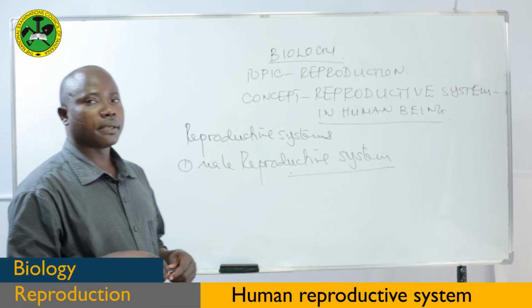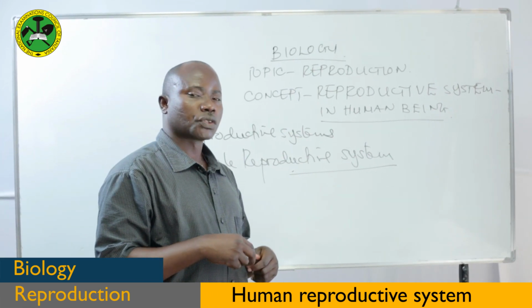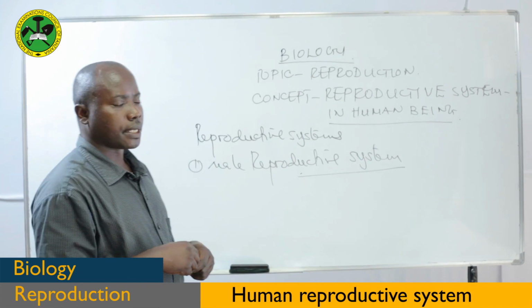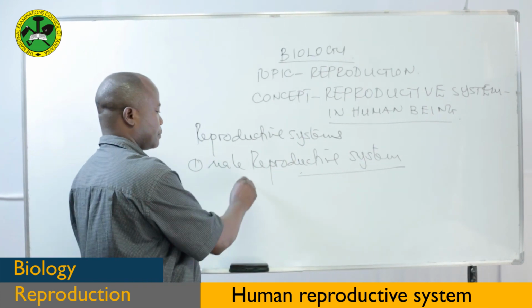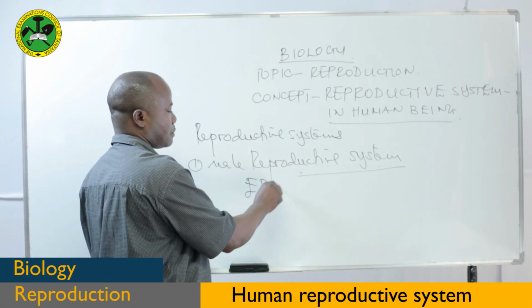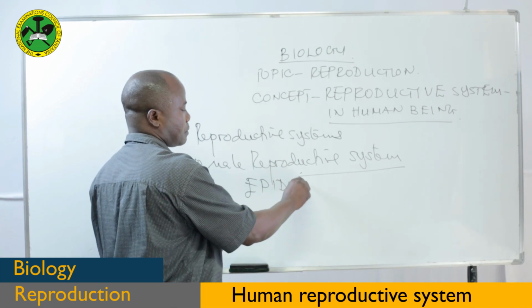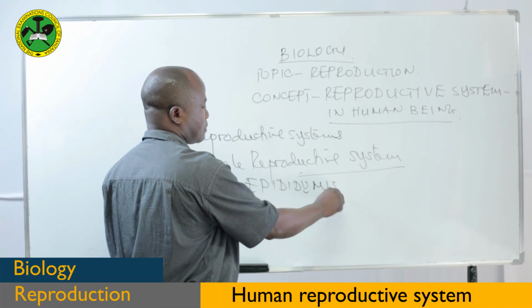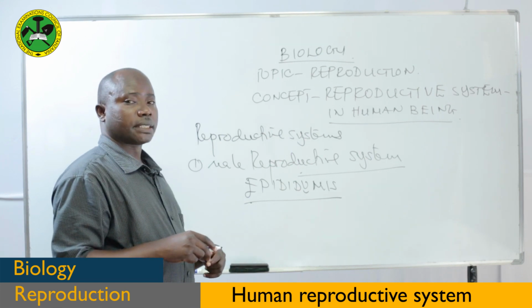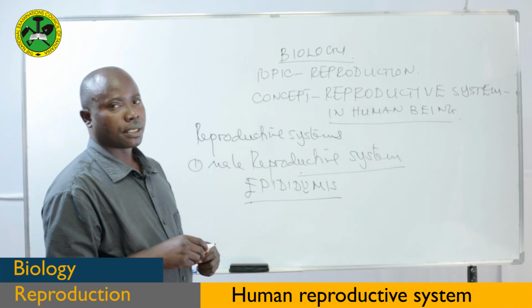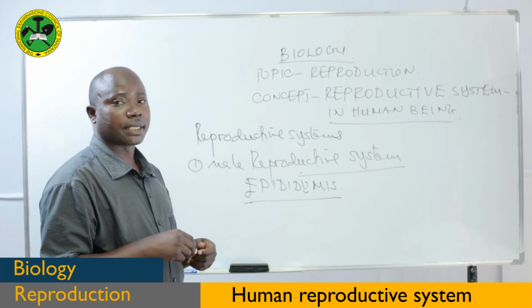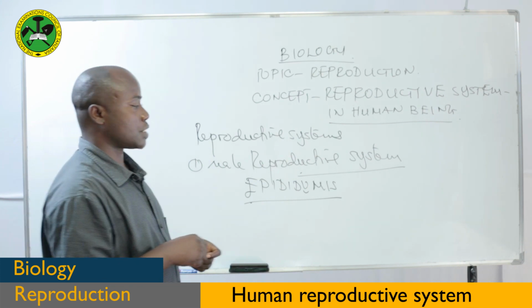Also, the male reproductive system consists of the epididymis. Epididymis, these are coiled ducts where the sperms are temporarily stored for maturation.